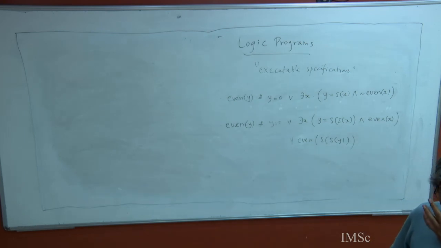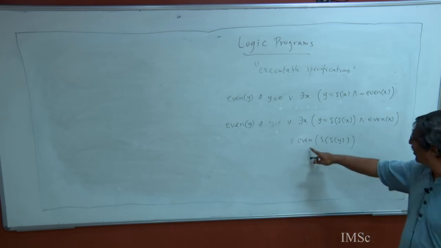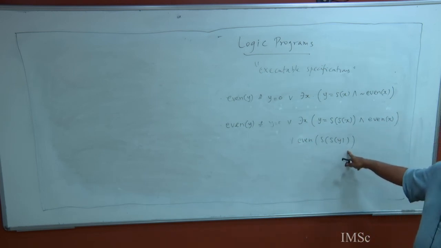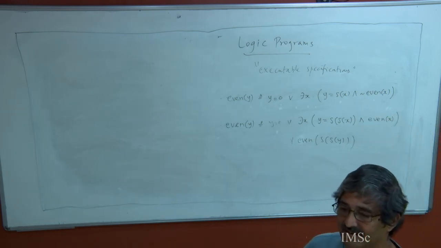Look at this program. I could have just written this. Y equal to 0 or successor of y is even. Y is even if y is 0 or y plus 2 is even, right?